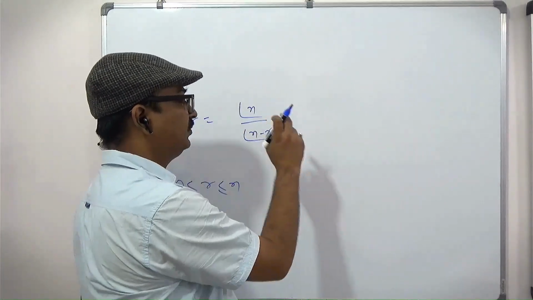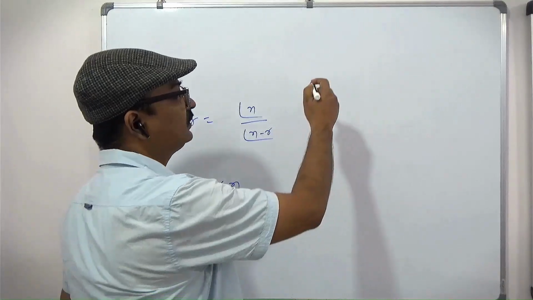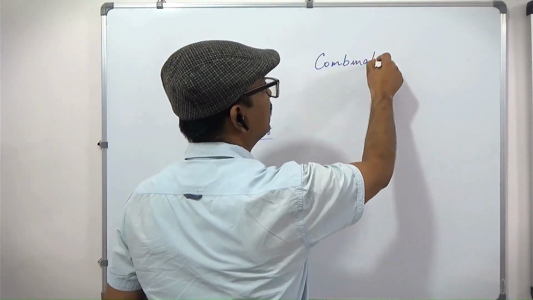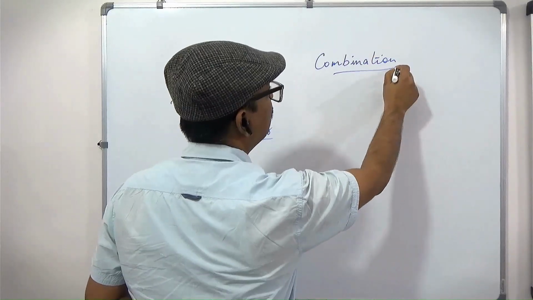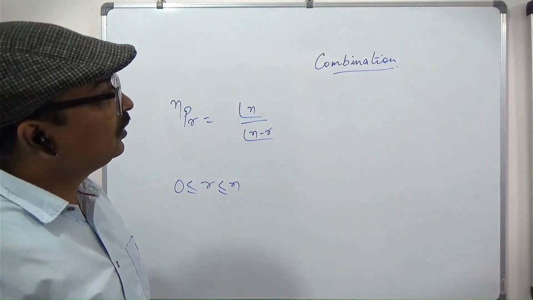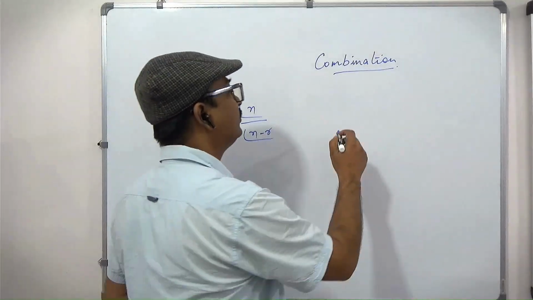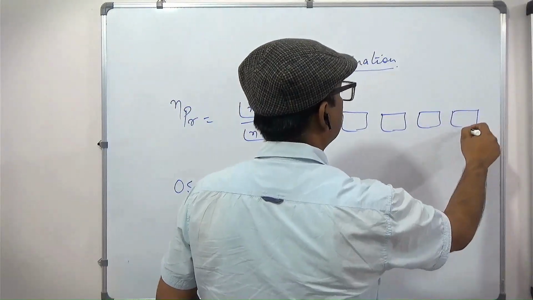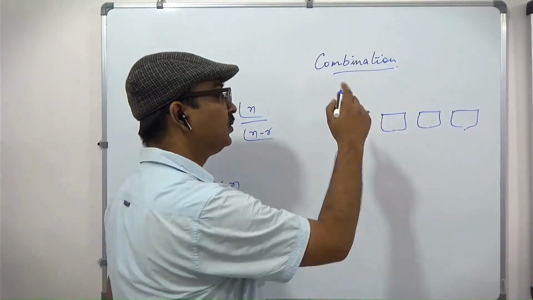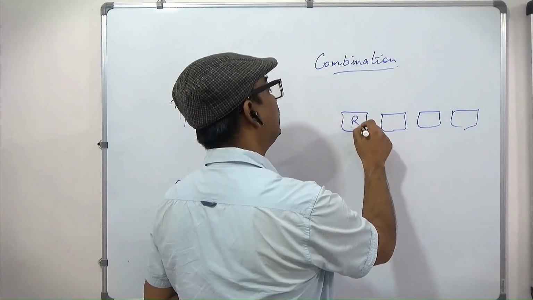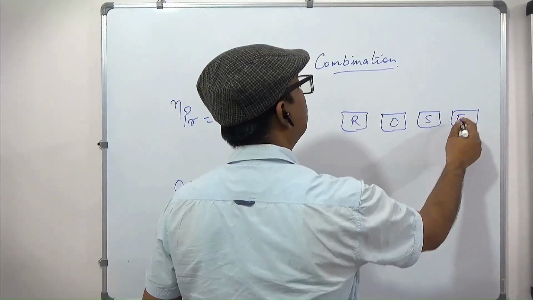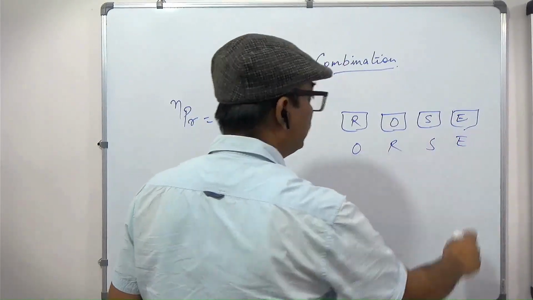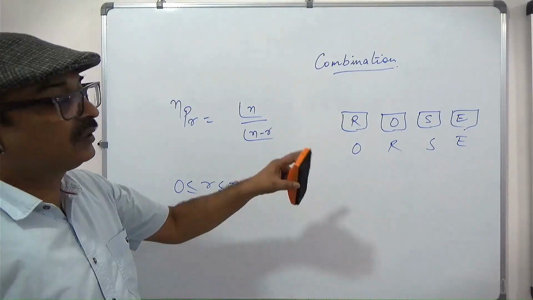In the start I had told you there's another arrangement called combination, where the order is not important. For example, we had taken ROSE and tried to fill it here. Here order was important. If you write R here, then O and S and E, ROSE and ORSE were different. But what if the order is not important?